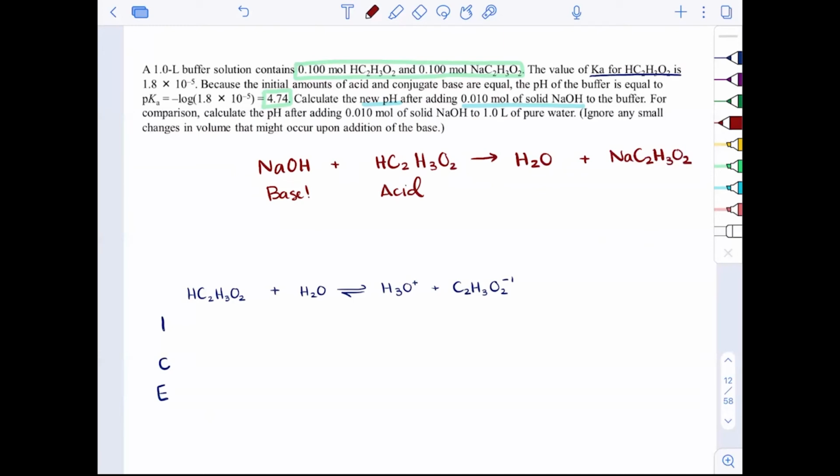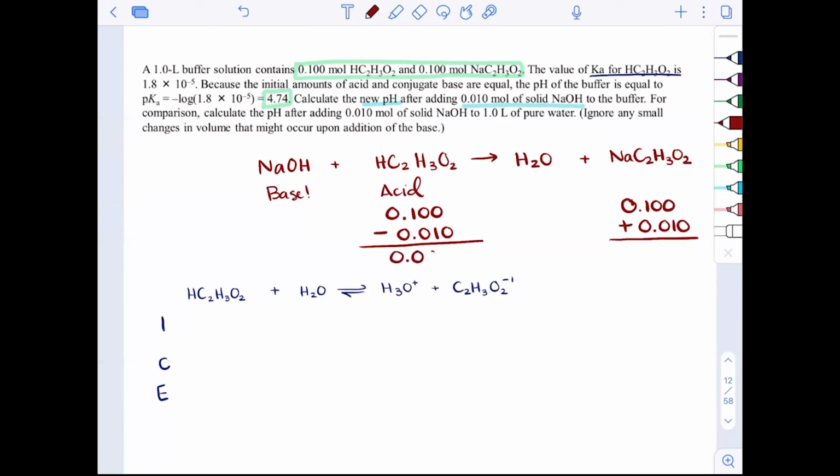Now, if we start with 0.100 moles of each of these, and we add in 0.01 moles of sodium hydroxide, we will be reacting in our 1-to-1 ratio that 0.01 moles of sodium hydroxide with the acid and making an additional 0.01 moles of conjugate base.